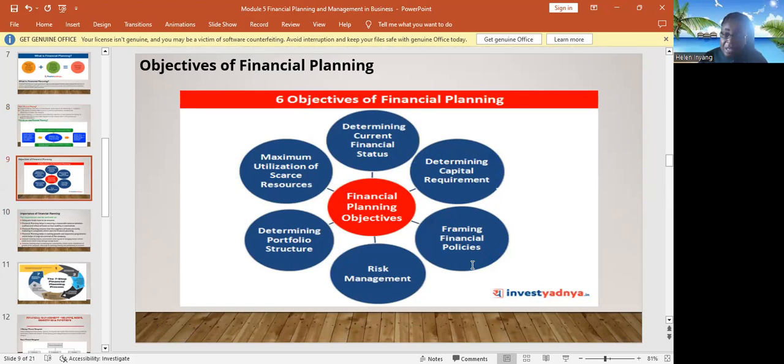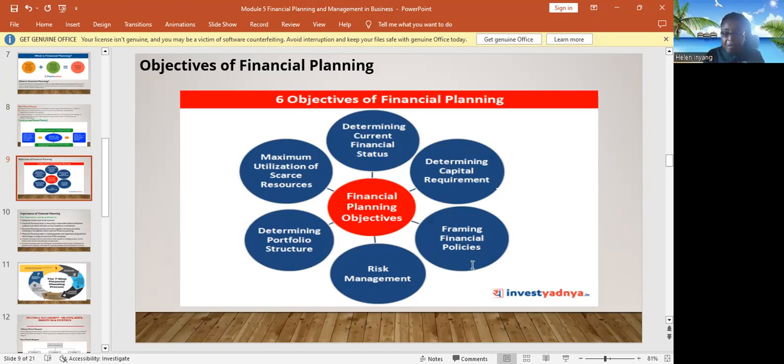What is the state of your financial condition at this moment? That has to do with evaluation, inventory taking, and so on. Financial planning will also help you to determine your capital requirements. How much capital do you require, or how much do you need for one thing or the other?